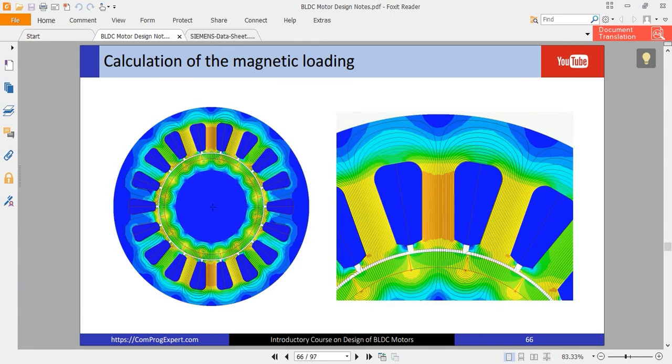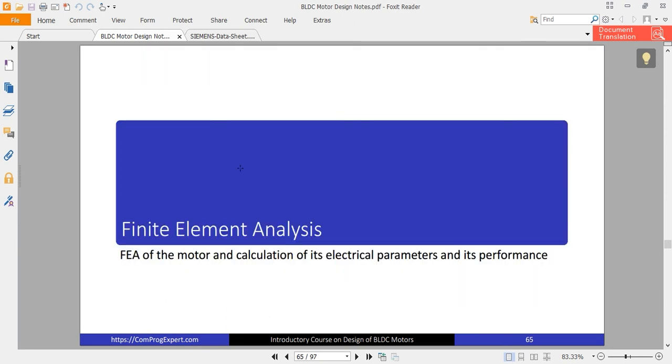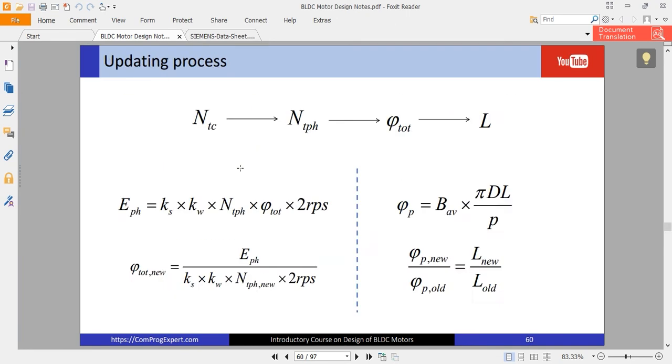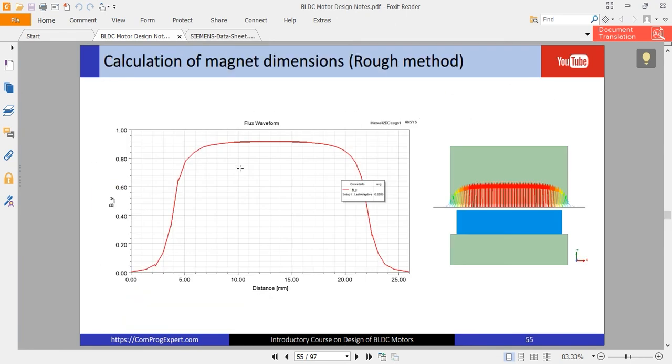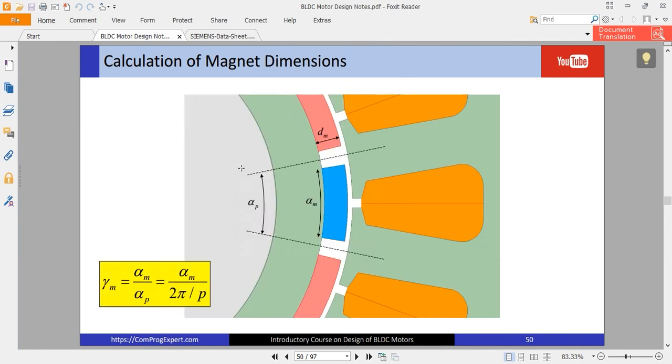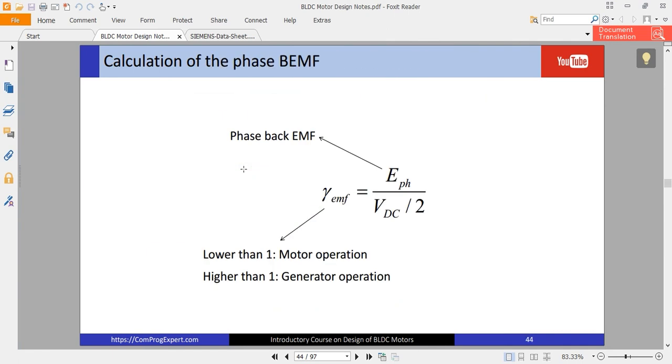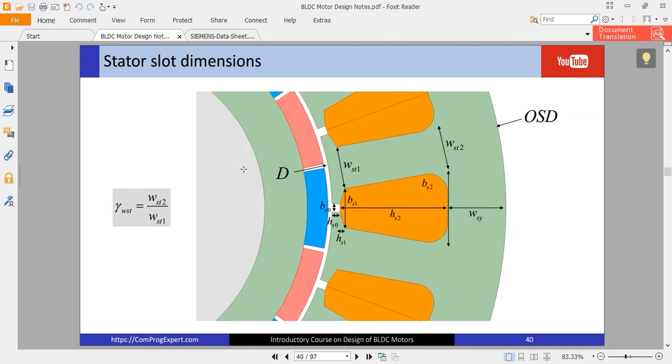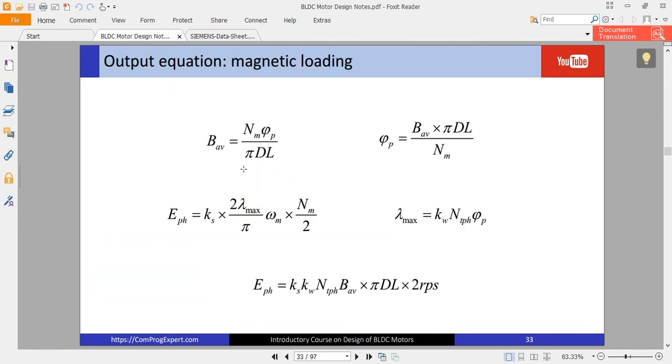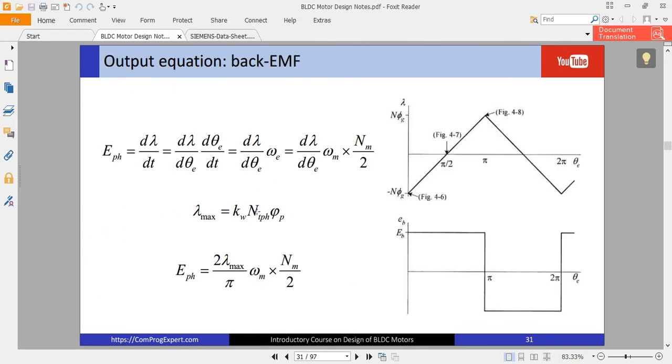So we have a specific amount of flux under each pole. What is the maximum possible flux linkage for each phase? It is equal to the number of effective turns per phase, this equation, times the pole flux.